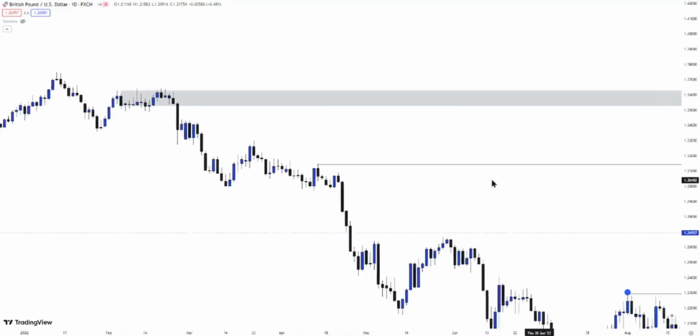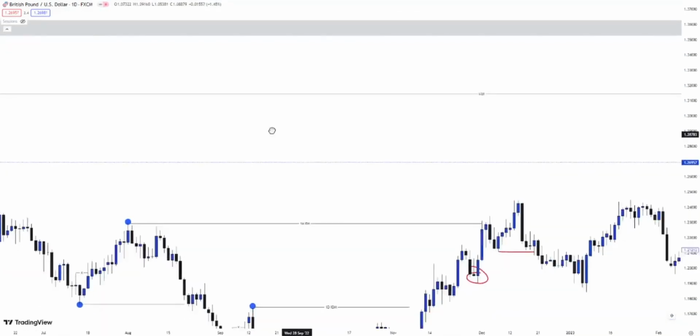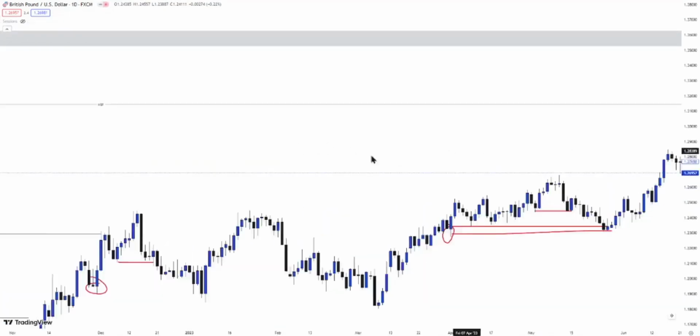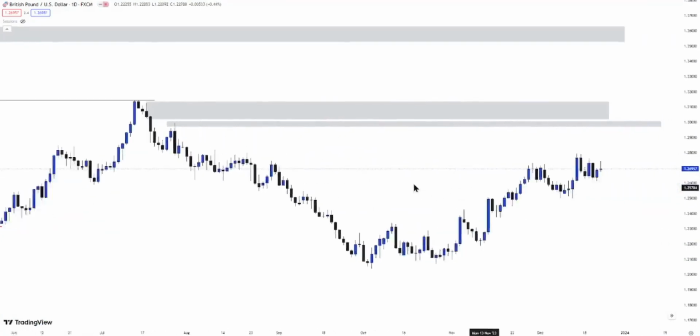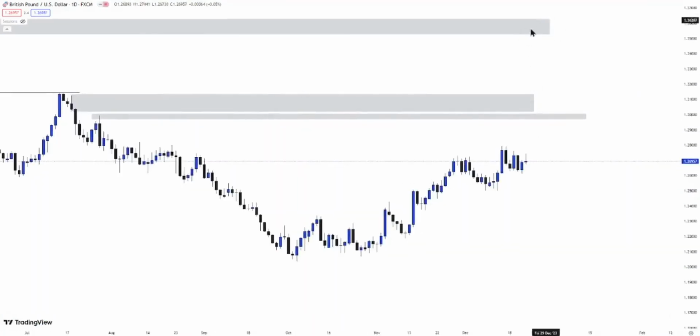That will be your OB that price will come to tap into in the coming year, in 2024, before we see any reaction, maybe to drop or to break this and go to the extreme point of interest. But for this point of interest here, in my opinion, I think it will blow through it to get to this weekly point of interest. That is the outlook of GBP USD in the coming year.